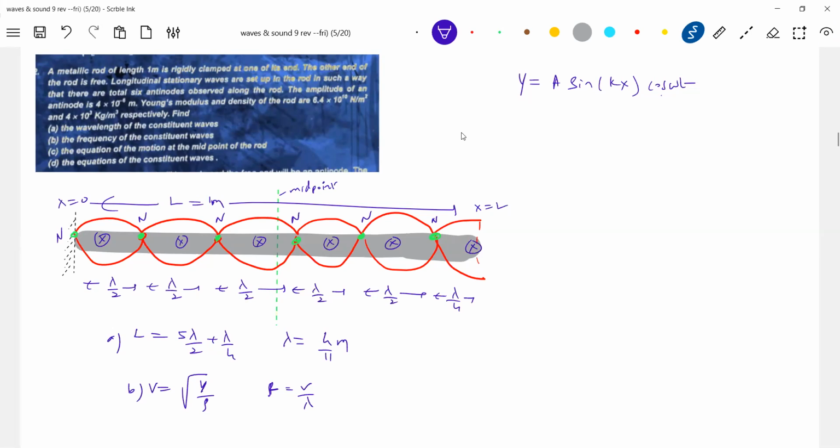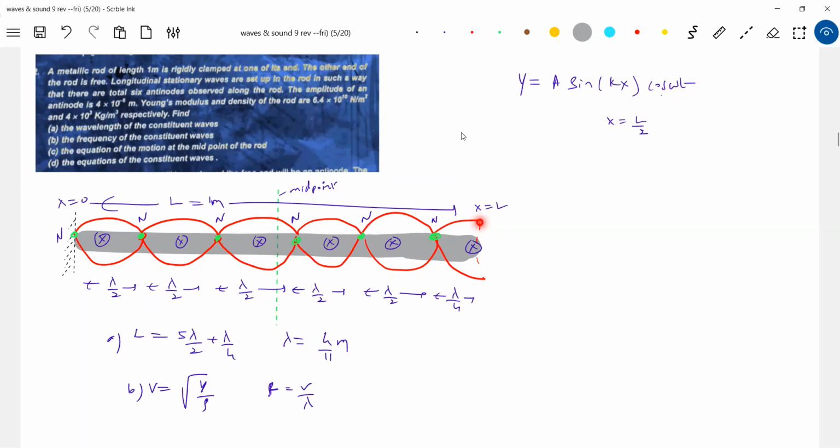He is asking y as a function of time. He's just asking the expression for that one. So put x equal to L by 2. Exactly the midpoint of the rod, you are writing the equation. The equation of constituent waves, superposition of two waves, which will produce this particular equation. So this is not given properly. Therefore, I'm just assuming cos.